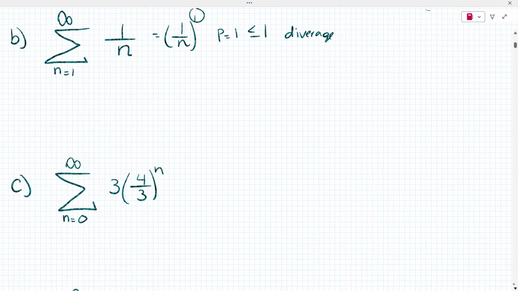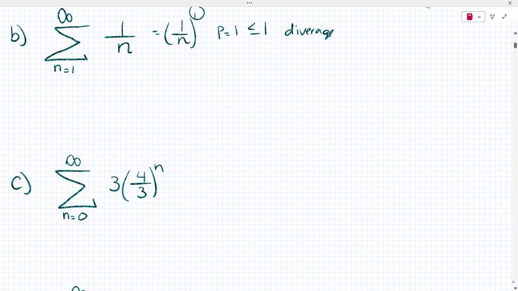Letter C, we have the summation of n equals 0 to infinity of 3 times 4 thirds raised to the n. What test shall we use? I don't think we can use a p-series, and I don't think we use the nth term. Can we use the geometric series?